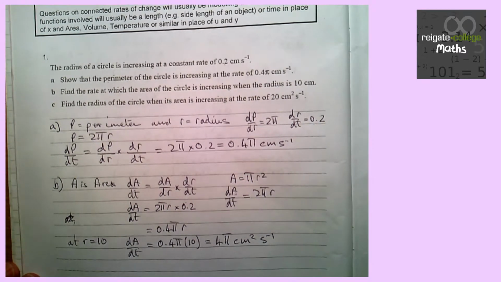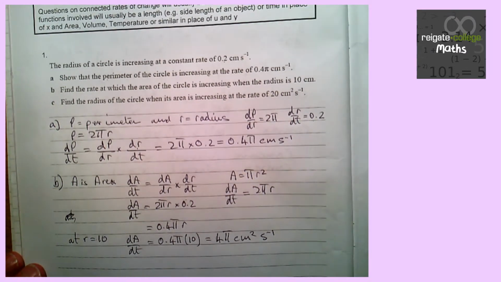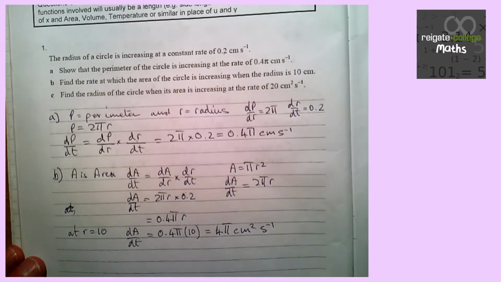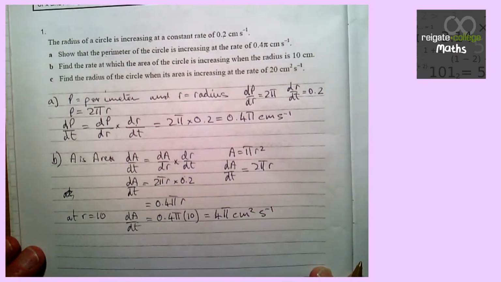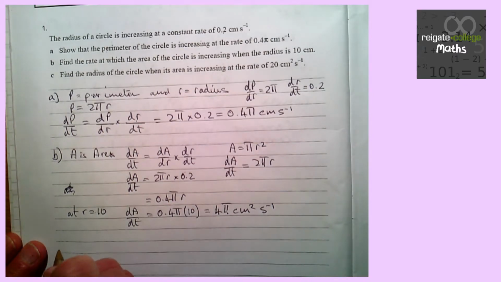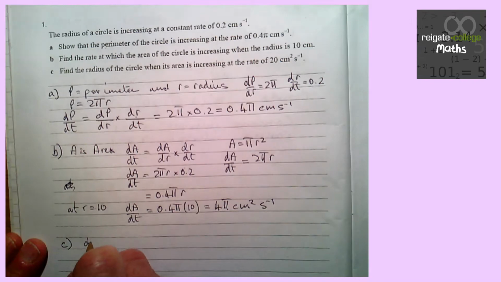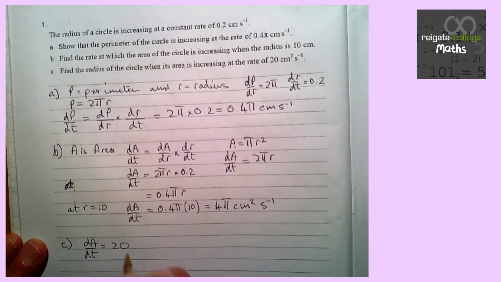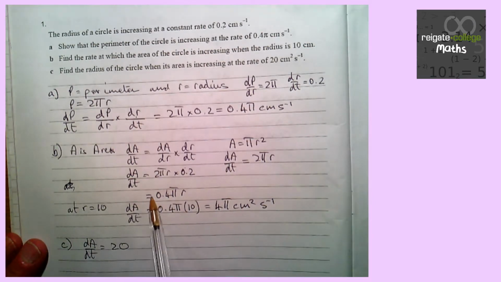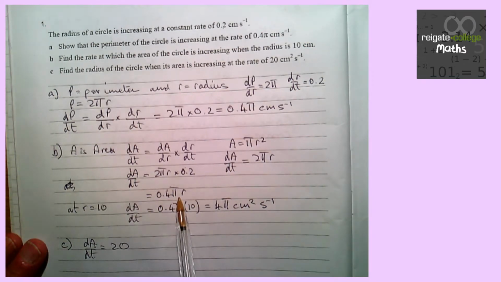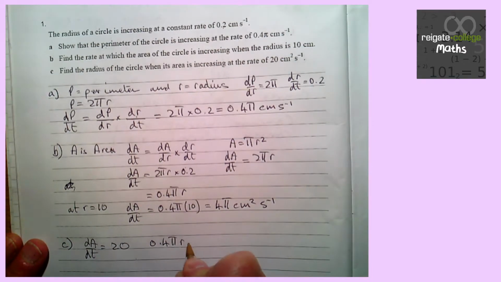Then finally, find the radius of the circle when its area is increasing at the rate of 20 centimeters squared per second. Well, for C, we're now going to say dA by dt equals 20, but we've got an expression for dA by dt here, so we can just say 0.4 pi r is equal to 20.